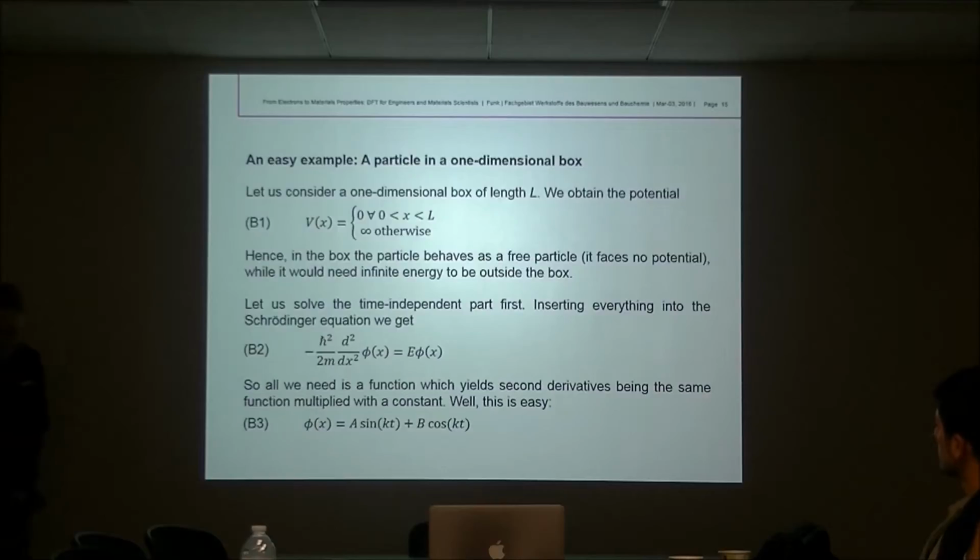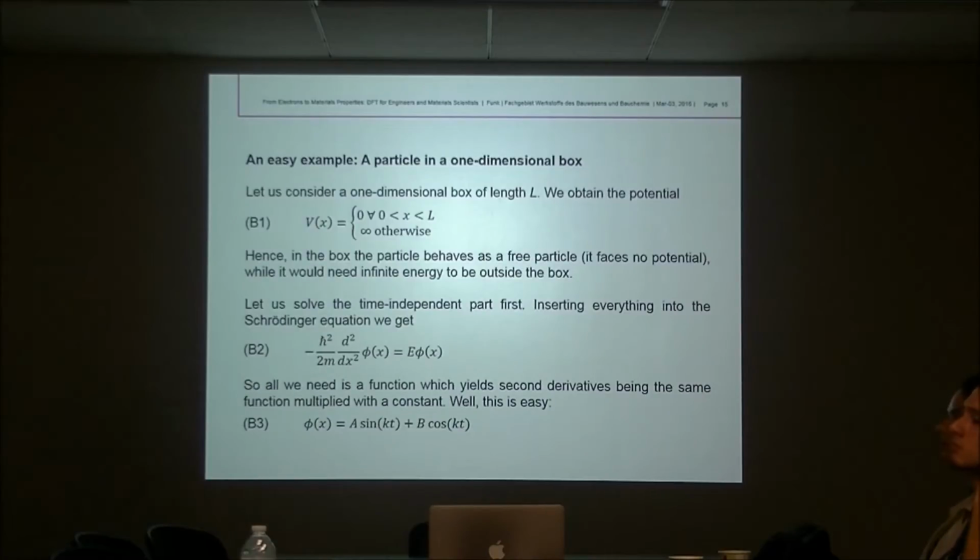So what we have is something like this: V of x, with 0 and L marked. Infinity here, infinity there, 0 in between.